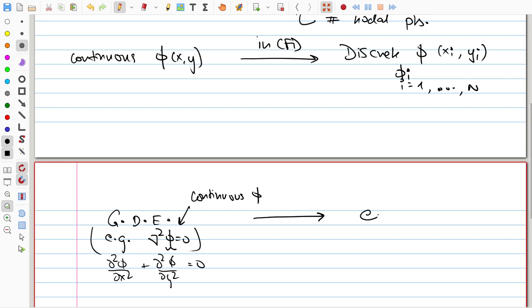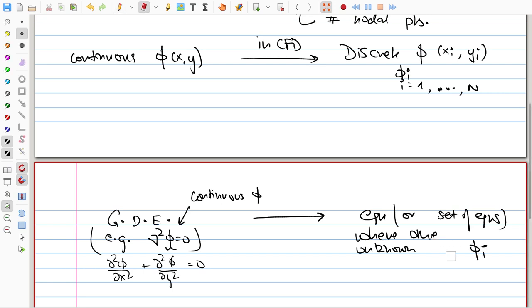So some equation or set of equations where the unknowns are phi i's, because ultimately I want to solve for phi i's using CFD. So I should be able to have an equation for phi i's that I can solve for.